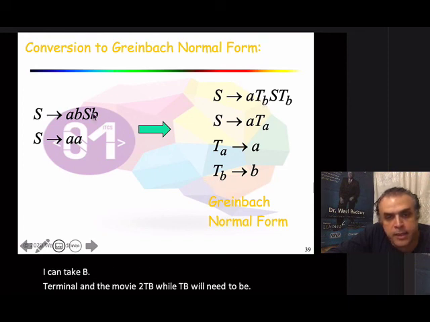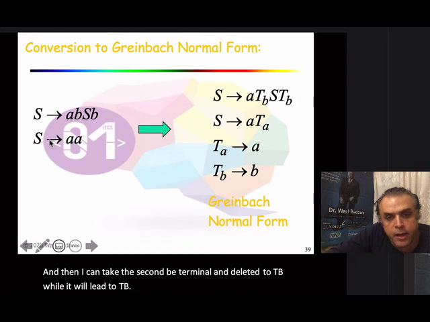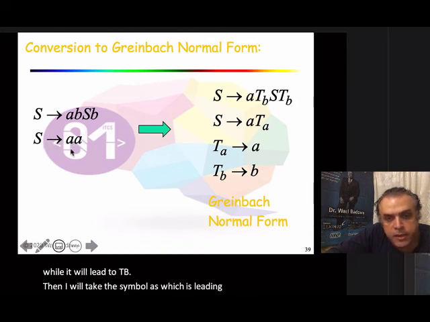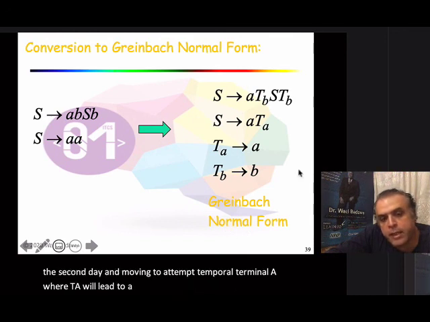Then I can take the second b terminal and replace it with Tb as well. Then I take the symbol S, which leads to A, and I take the second a and move it to a temporary variable Ta, where Ta will lead to a. In this case, I build the Greibach normal form.